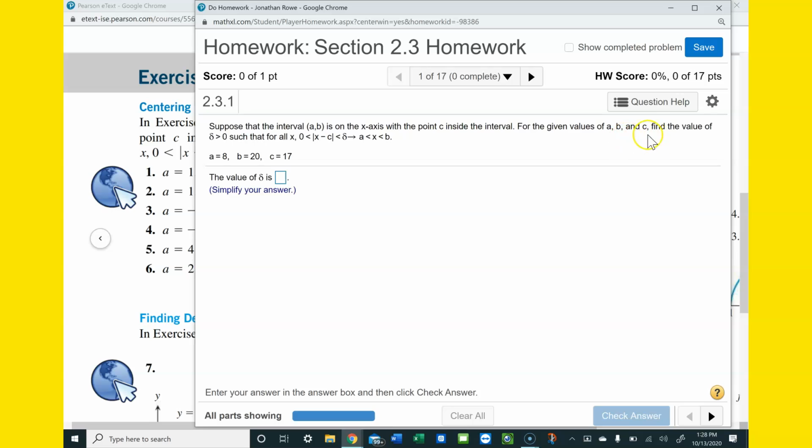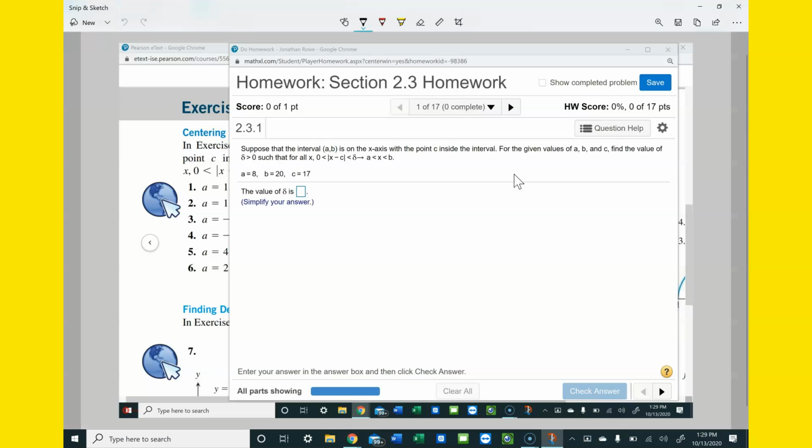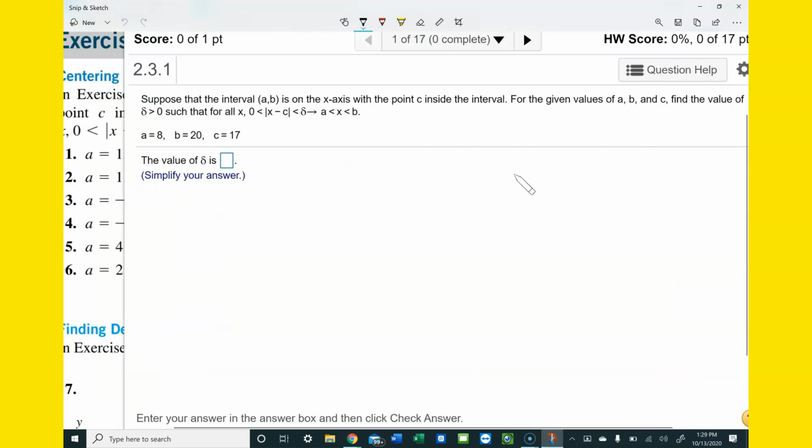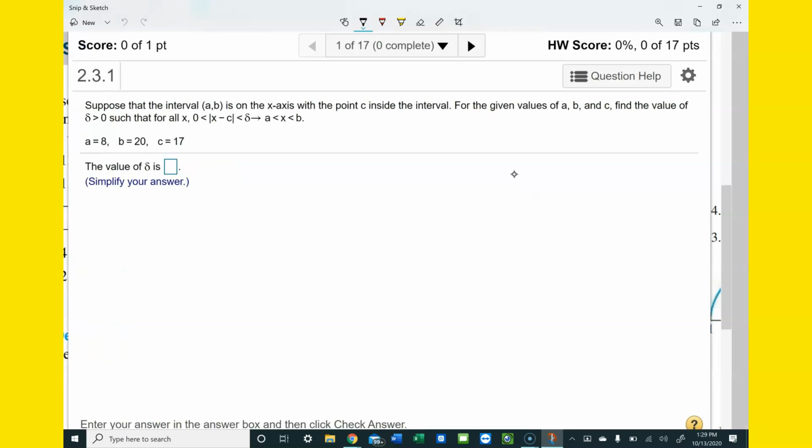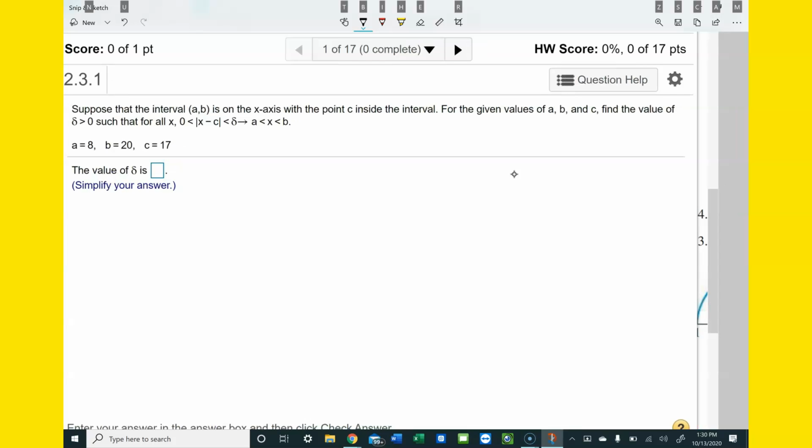For the given values of a, b, and c, find the value of delta such that for all x, the distance between x and c is less than delta implies that x is between a and b. All right, let me draw that for you.